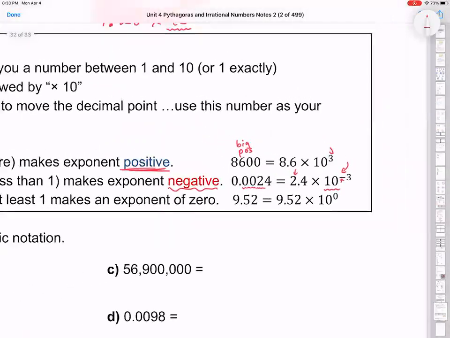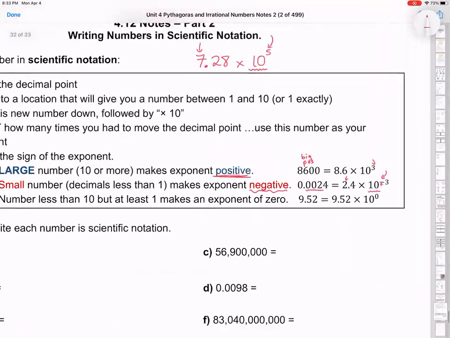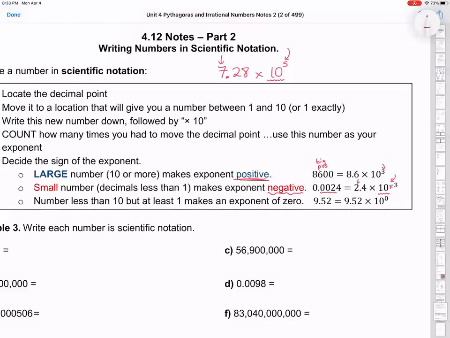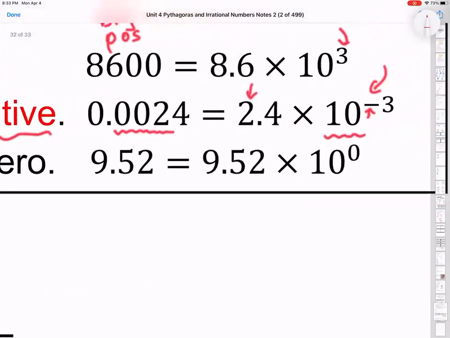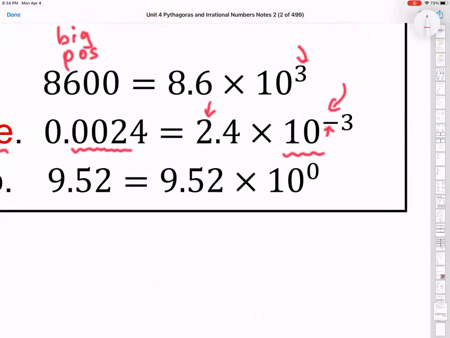And then the only other one is a number that is less than 10, but at least 1, making that exponent 0. These are the boring ones, I would say, because you don't really do much with them. You have 9.52 to start off with. Well, notice how this number is already in between 1 and 10.